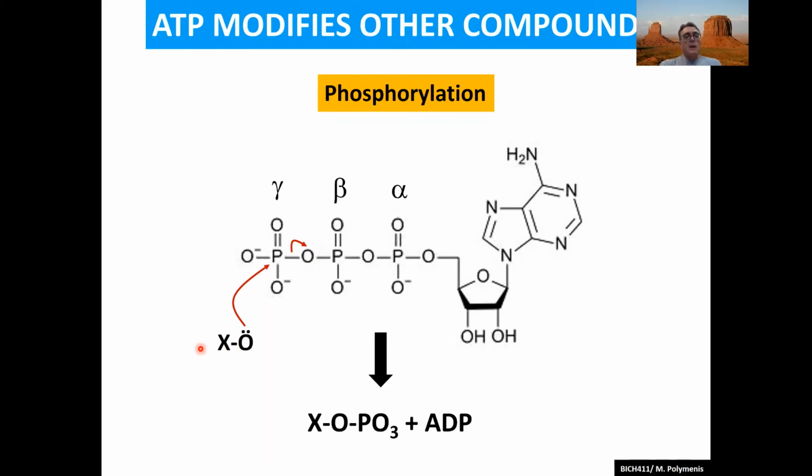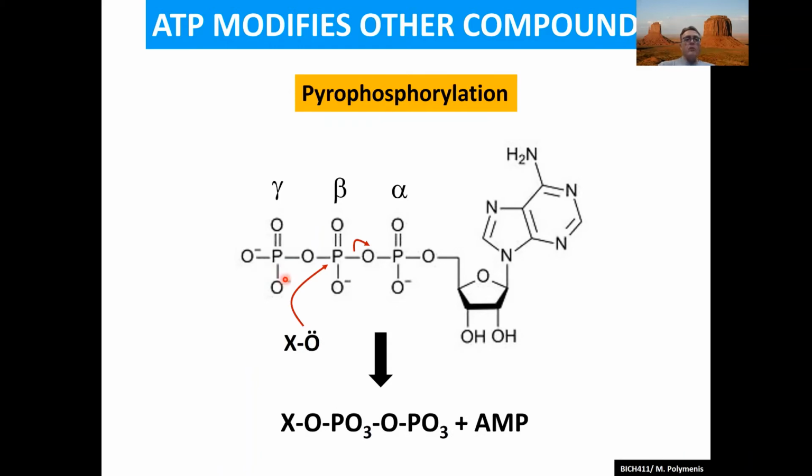And that X now, the oxygen of that X will be phosphorylated. So the X itself will be phosphorylated and will generate ADP. X could be a protein, could be a lipid, could be a sugar, you name it, almost every biological molecule.